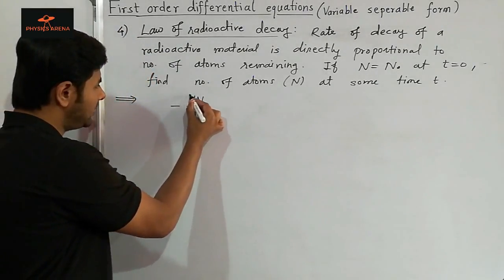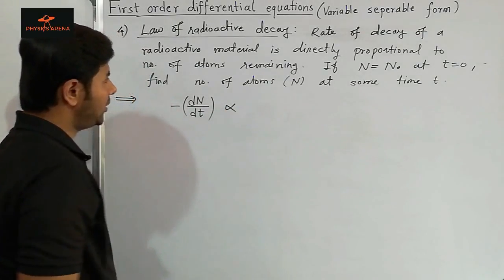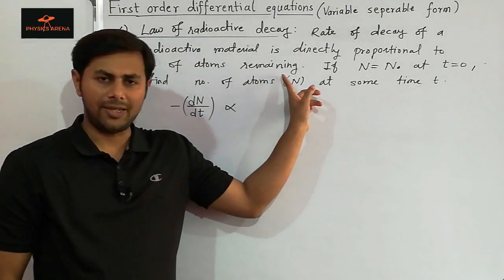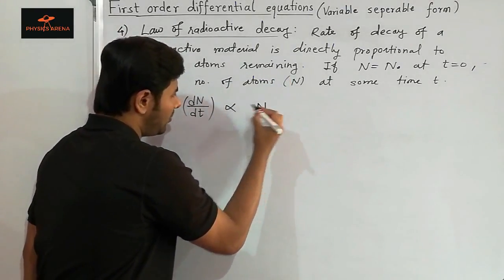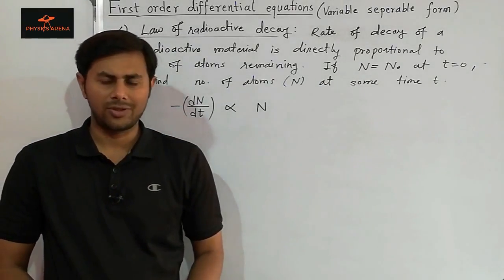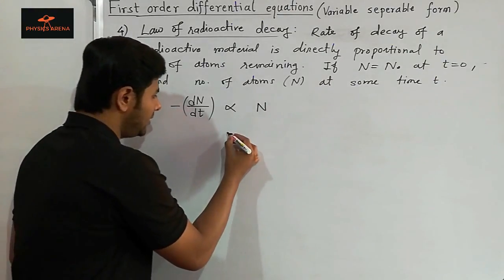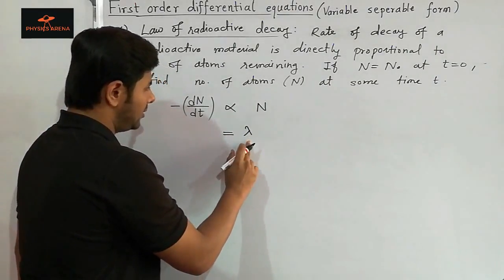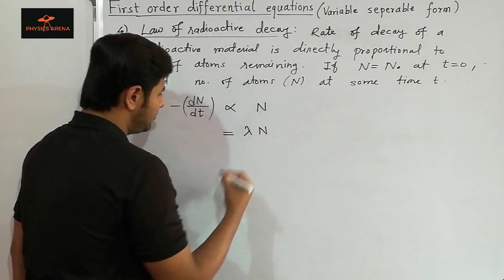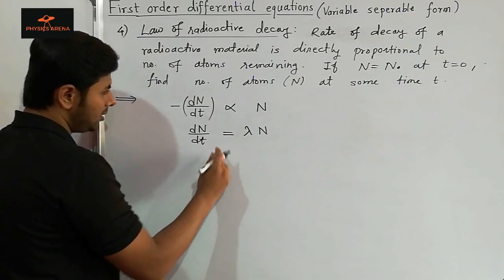So we have minus dN by dt, and it is proportional to the number of atoms remaining at that time. So this is proportional to the number of atoms. Okay, now let's remove this proportionality sign and put an equality sign. For that we need a constant, so lambda is a constant here. So we have dN by dt equals lambda N.